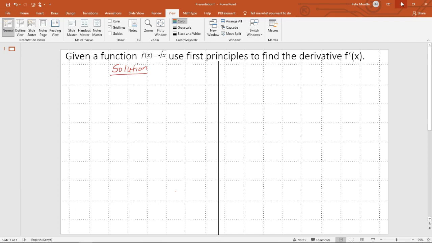So the first thing we need to ask ourselves is, what is first principles?